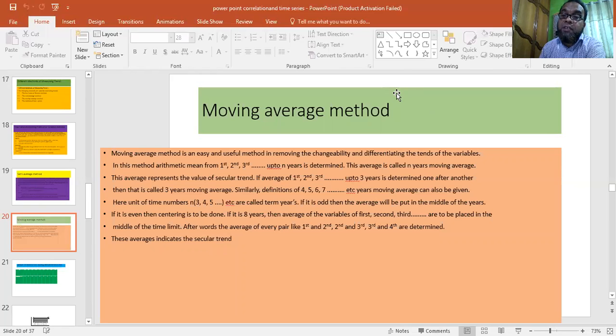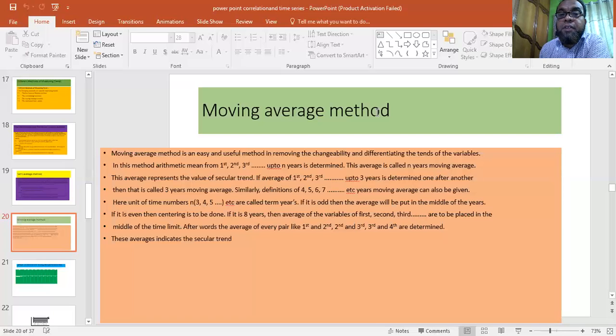After finding the average, you should put the values on graph paper, like the semi-average method. In the semi-average method, only 2 points will be joined. In the moving average method, we get several points, and we will join the points on graph paper by the scale. Then we may get a curve line. This is called the trend line from the moving average method.